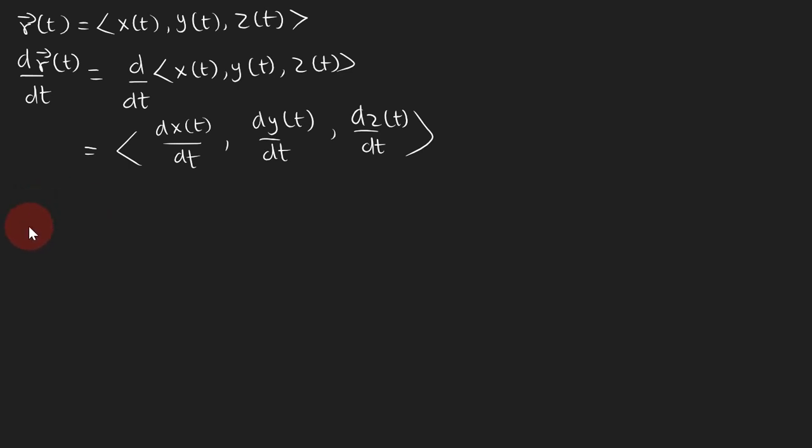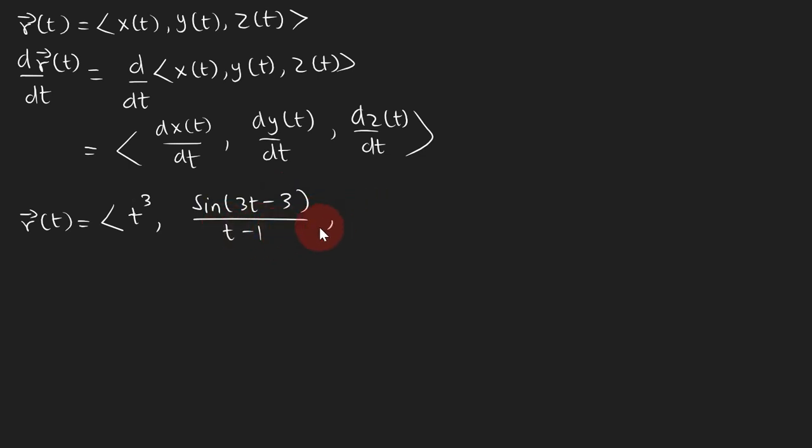Okay, so given the vector function, let me use this example rather. I have t cubed, comma, sine of 3t minus 3, sorry, sine of 3t minus 3, divided by t minus 1.